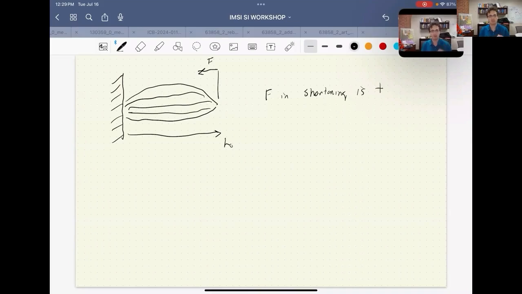But we want the muscle to be doing positive work if it's shortening with a load. That means that delta X has to be positive in the shortening direction too. And that's why I called it delta X and not delta L: delta X actually has to be in this direction as a positive in order to get the right sign on your work.